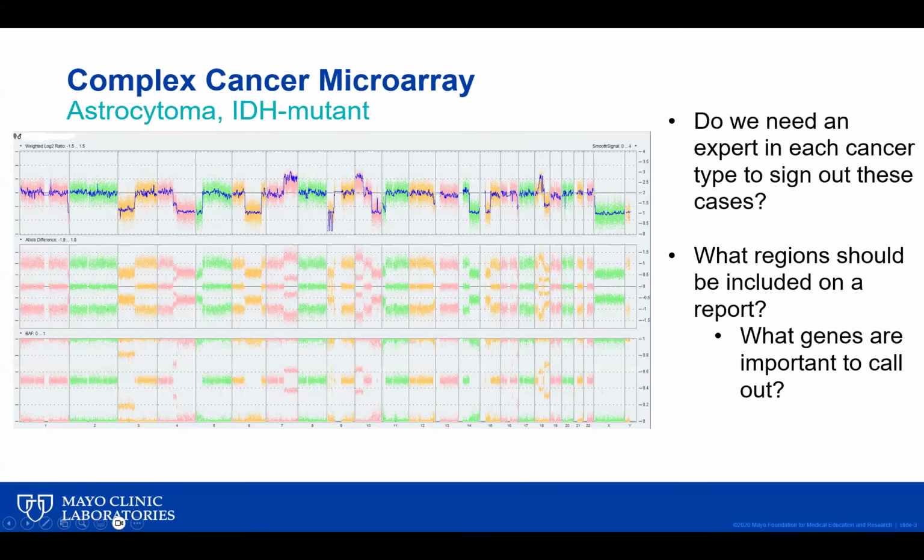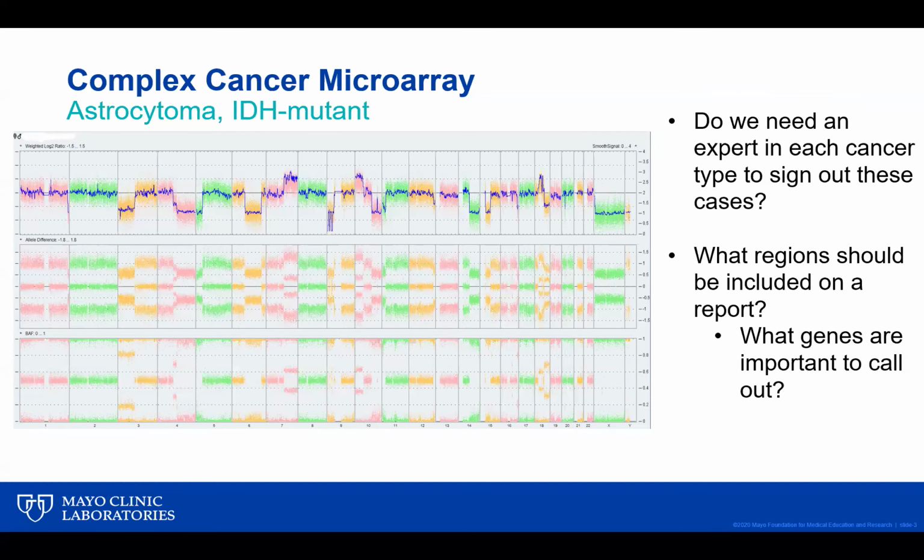So back in 2015, our laboratory went live with cancer microarrays. So we went live with OncoScan. We also had a lot of heme microarrays coming through our laboratory. And we ran into this problem when we had a complex microarray.